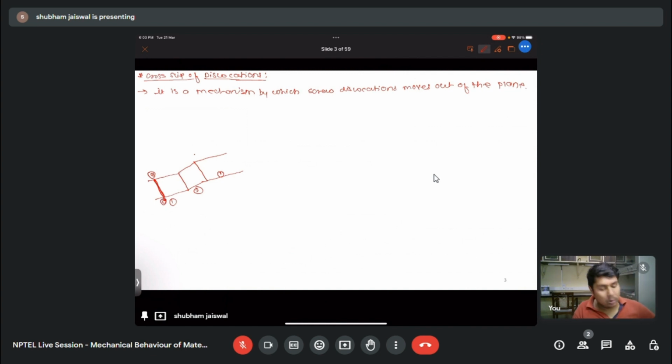As this dislocation moves, it will cross slip and go to this plane, and again cross slip and go to this plane. This is nothing but a double cross slip.